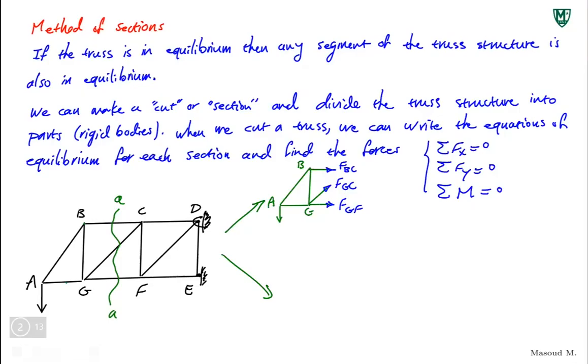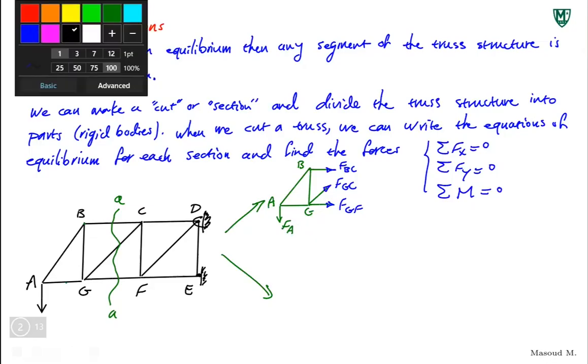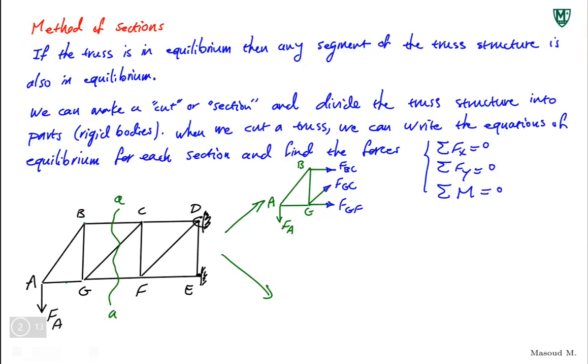And this cut section should be in equilibrium. So from here, you can afford having three unknowns. This is a rigid body in equilibrium. Assuming that you have some force applied here, let's call it FA there, all you have to do is use the equations of equilibrium: summation of forces in the x direction, summation of forces in the y direction, and the moment about some point.